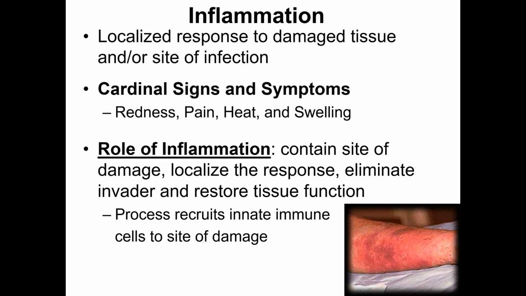So it keeps the pathogens from potentially spreading. In addition, that increased blood flow not only prevents the pathogen from spreading, but it also recruits more white blood cells. Right? So the white blood cells can come to the site of damage and get to work. So while it is uncomfortable, it is important short term in dealing with injured areas of your body.